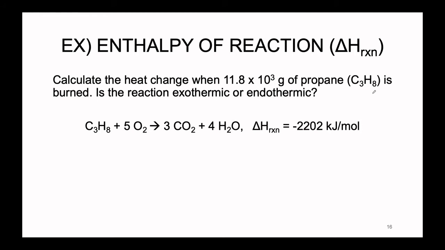All right, so let's return to chemical reactions. Let's also look a little bit more quantitatively, not in a hypothetical sense, but let's observe a real world kind of problem. Let's calculate the total heat change when 11.8 times 10 to the 3 grams of propane, which is also chemically C3H8, is burned. 11.8 times 10 to the 3, first of all, is not proper scientific notation.